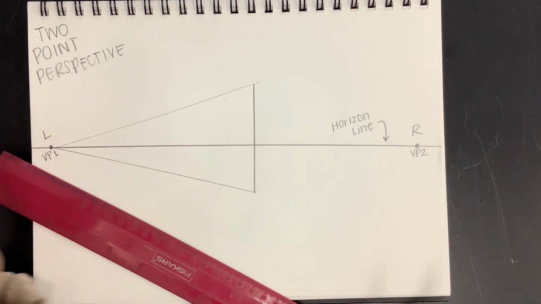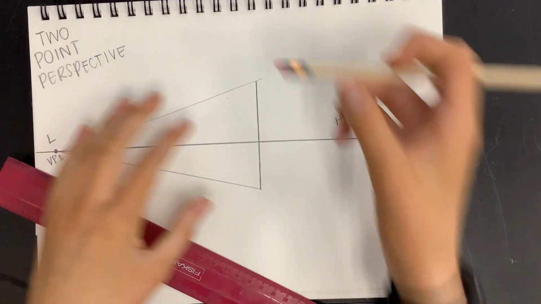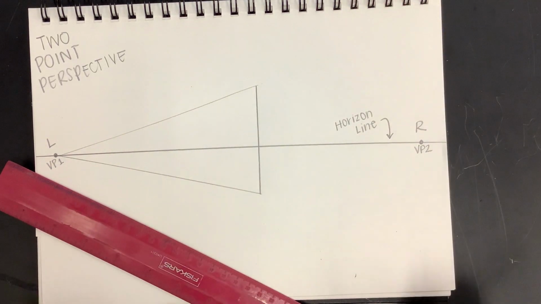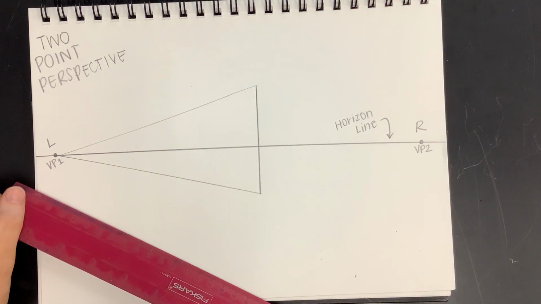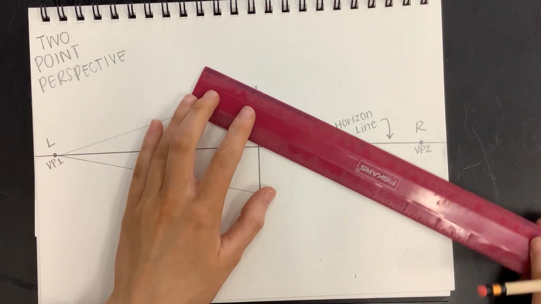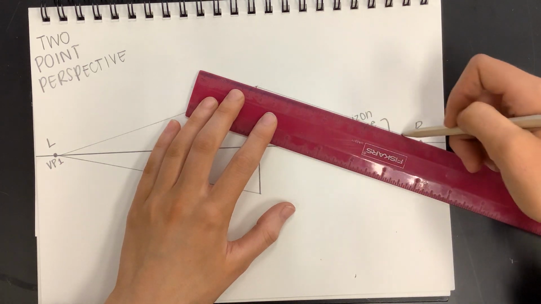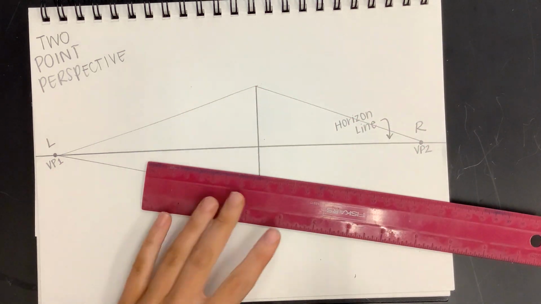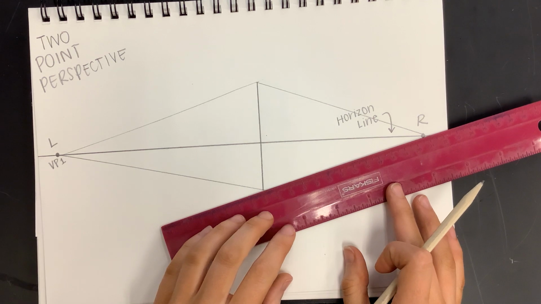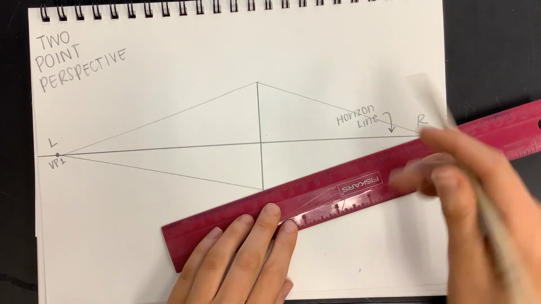So does everyone have 2 lines? No. Okay, well, get here. So he's behind. Okay, and then we're going to do another 2 lines. So the top goes to my right vanishing point, and my bottom once again goes to my right vanishing point. Okay.